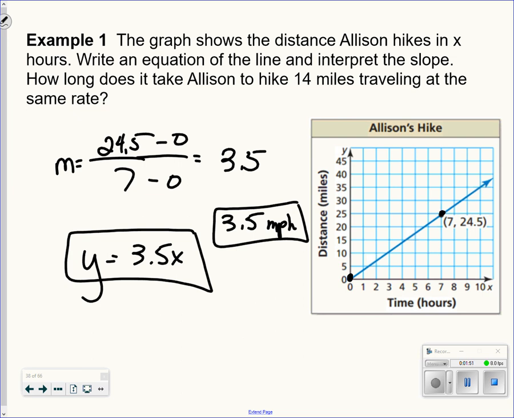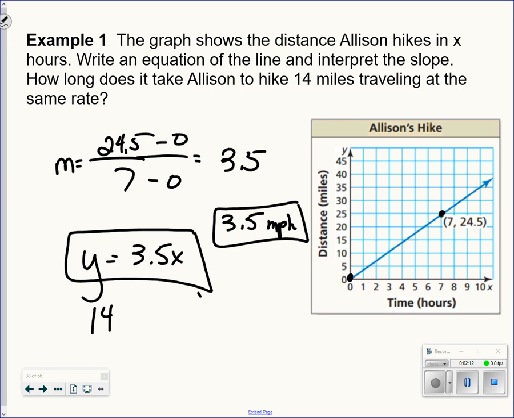So now, how would I figure out how long it would take her to go 14 miles? We're trying to find how long. The x is the hours, and y is the distance.